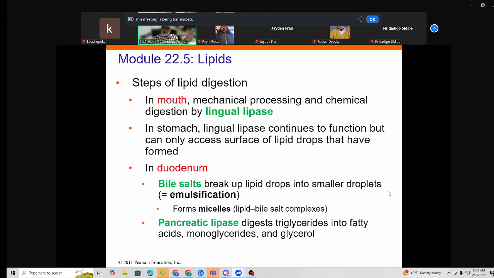To digest the lipid molecules completely, you need to convert them into an emulsified form. This process is called emulsification.